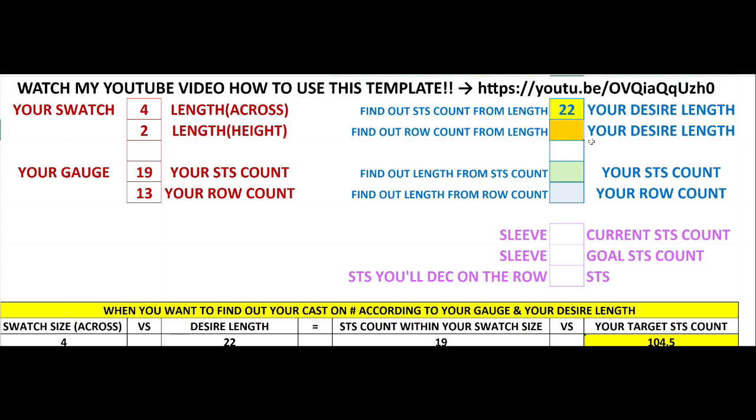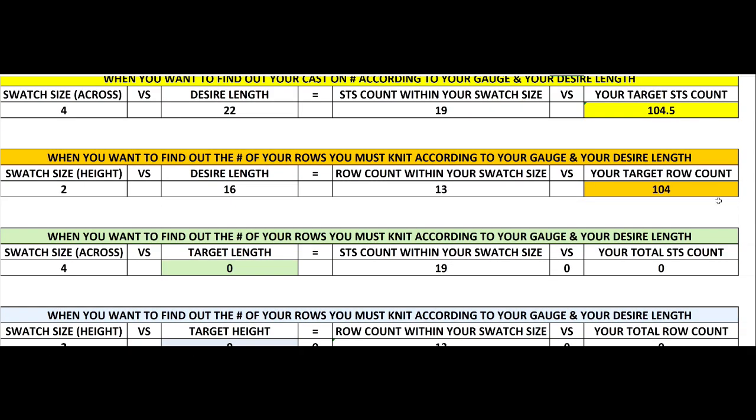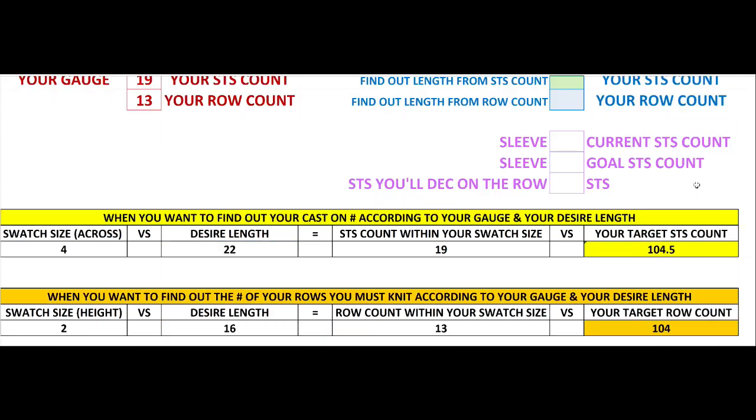And for me, 16 inches, right? And right here, find out row count from the length. So I have to put the number here in the orange section, and I want to knit 16 inches from now, right? So let's see, orange section, 104. I have to knit 104 rows from now.